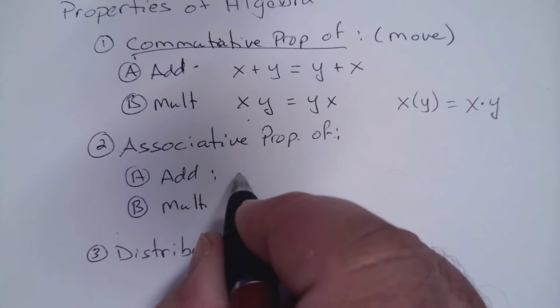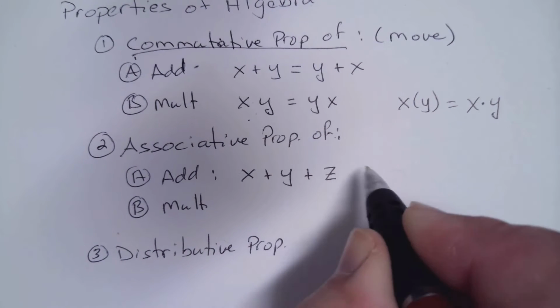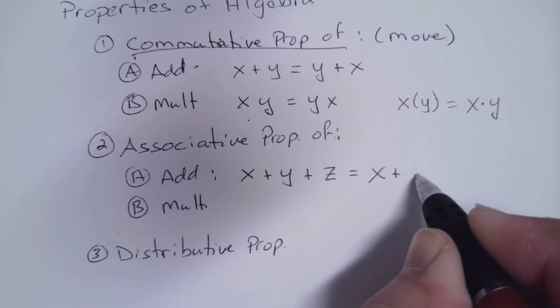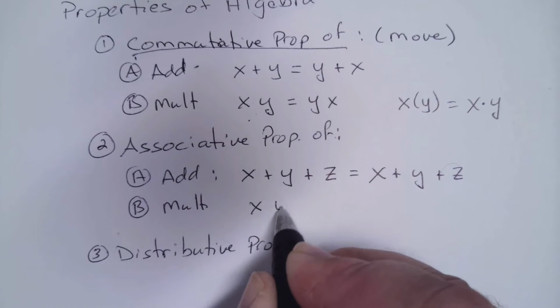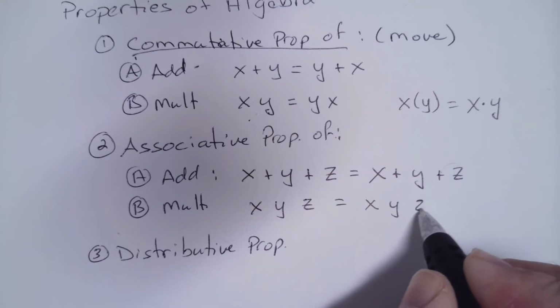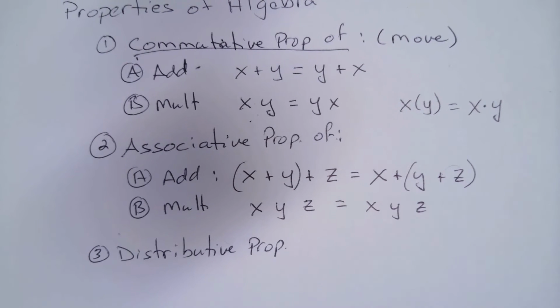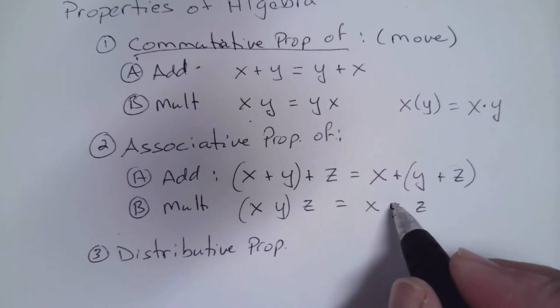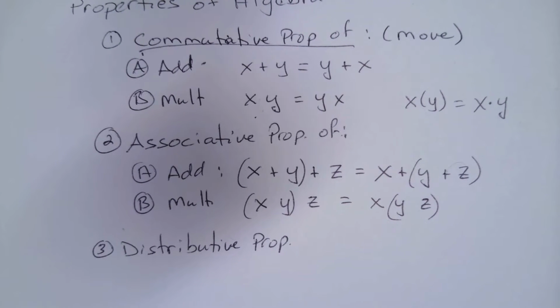The associative property introduced what? Parentheses, very good. Whenever you have a series of numbers and an operation, if it doesn't have parentheses, how do you read it?